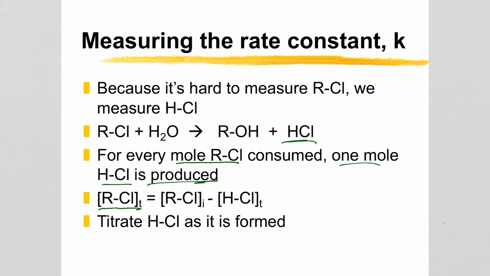So the concentration of the alkyl halide at any time t is equal to the initial concentration of the alkyl halide, and we subtract from that the concentration of HCl at any time t. And so we're going to titrate that HCl as it's formed. We'll use a burette, so flashback to Chem 112, and we will titrate the HCl with sodium hydroxide.